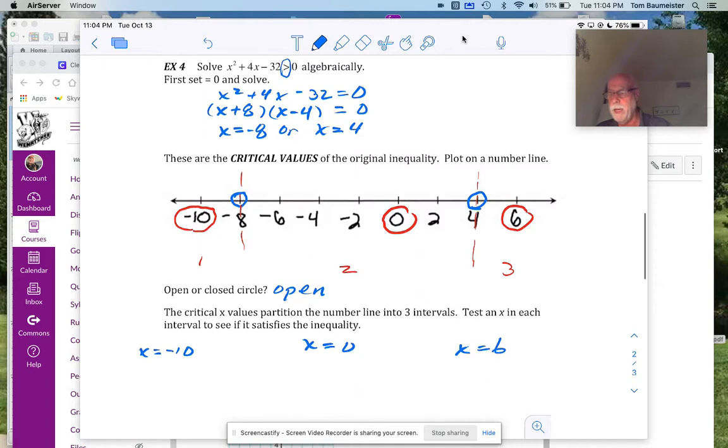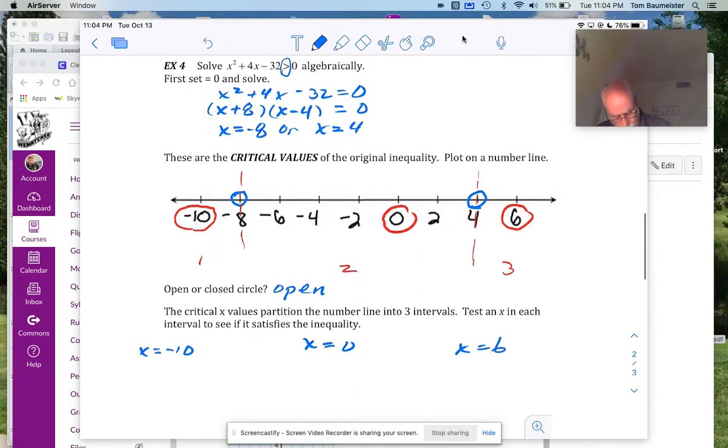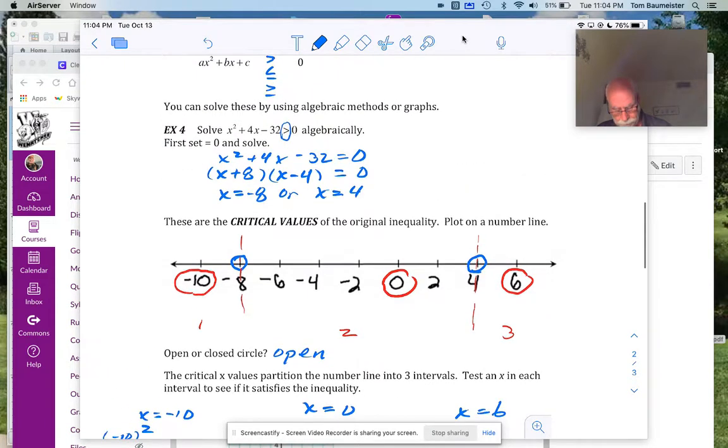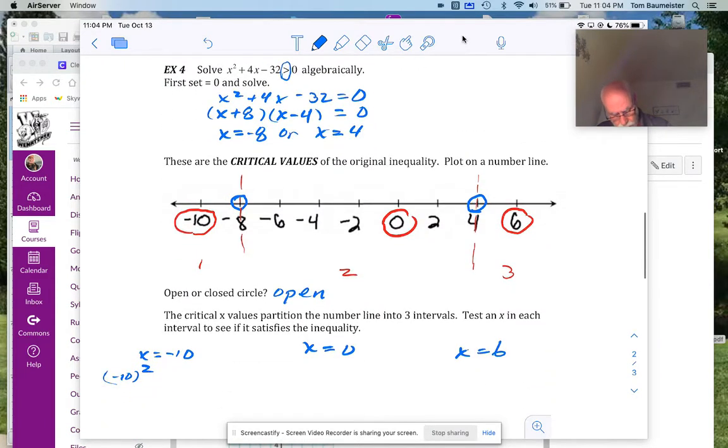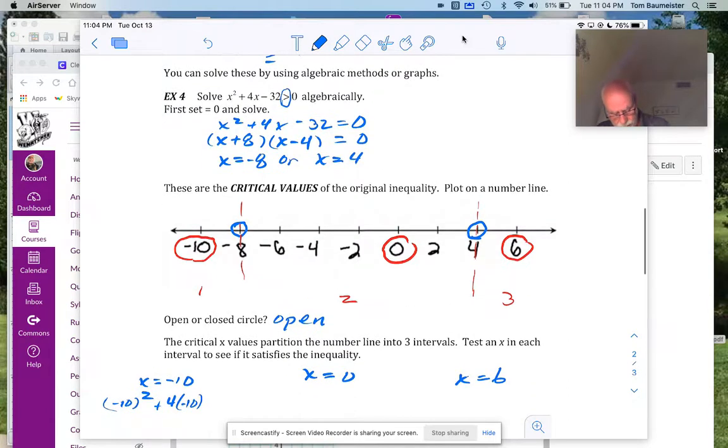So I'm going to do -10 squared, plus 4 times -10, minus 32. And again, we're wondering, is that greater than 0?